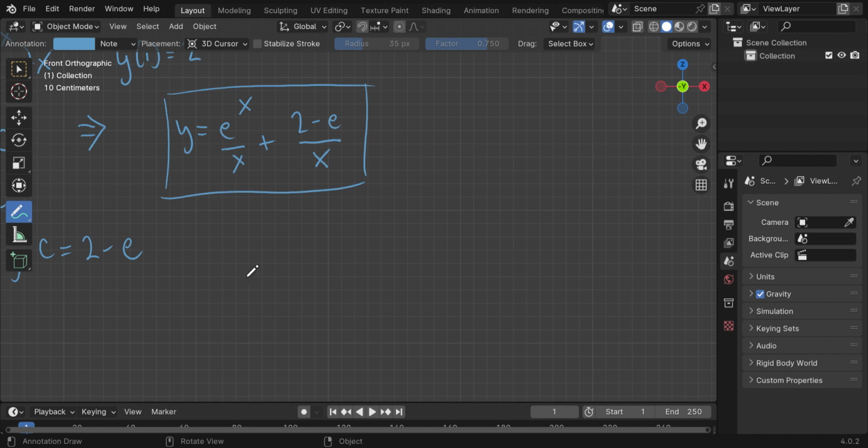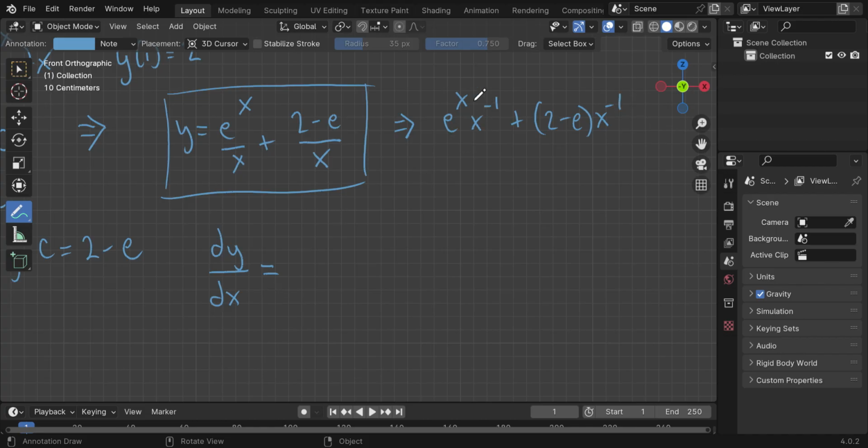So what I want to do is take the derivative of the function. The left side is just dy dx, and on the right side, I'm going to rewrite this a little differently up top: e to the x times x to the negative 1 plus 2 minus e times x to the negative 1.